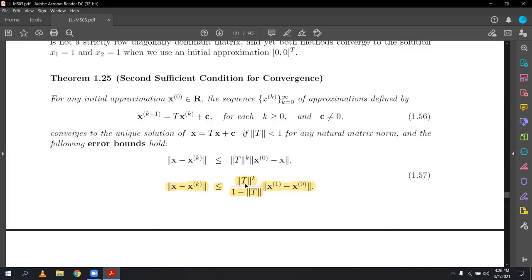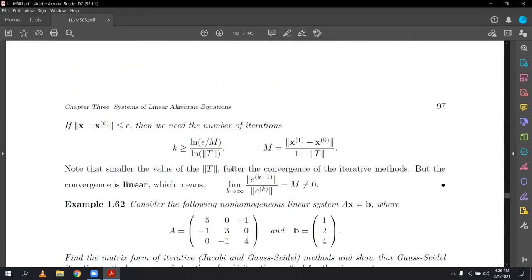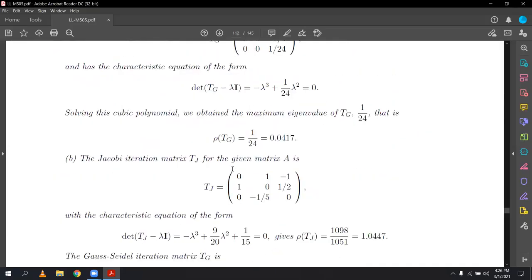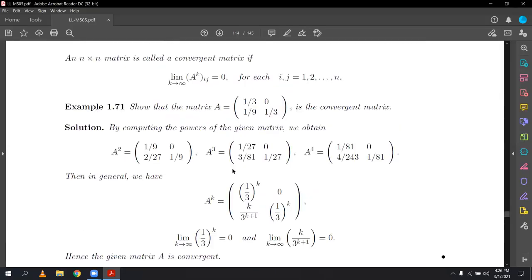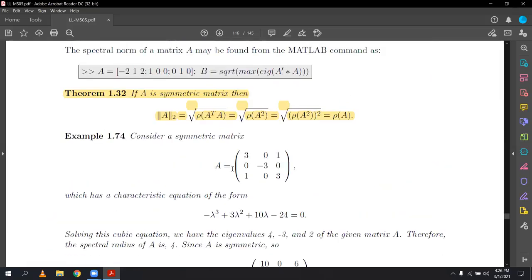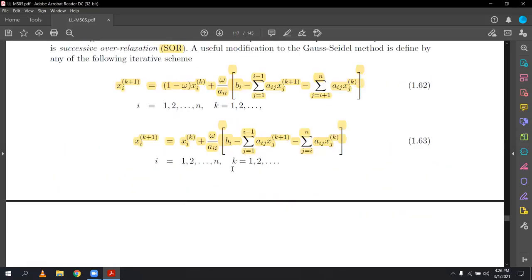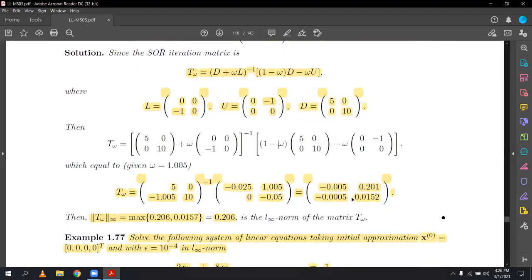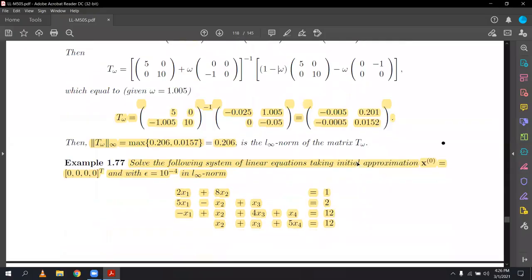For the SOR method, what do you need? You need TW. And you know TW, you already calculated in this example which I show you here. This TW you have to find out. This is the TW you have. So these are the 3 versions I mentioned to you. Any one of the versions can be given in the exam, inshallah.